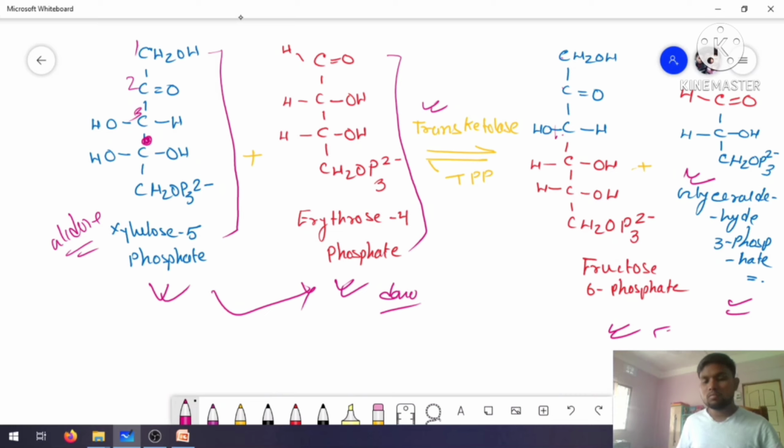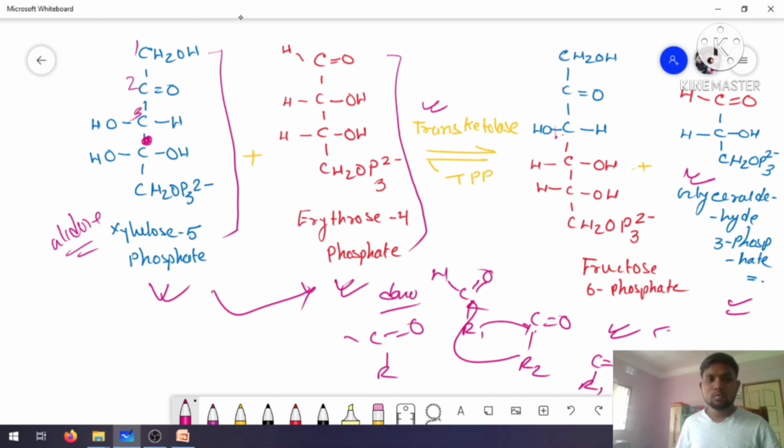Okay, so nothing, just this is the only thing. Okay, this will come here and this will come here, so it will give rise to R2 and it will give rise to R1.